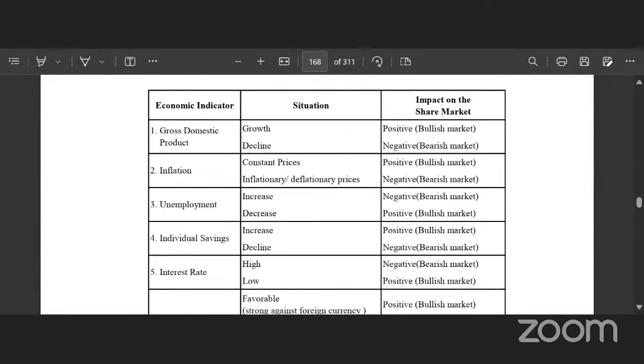Suppose you see the gross domestic product: if it shows good growth, then it is a positive, bullish market. If it declines, then it is a negative market. If prices are constant, it is positive. Inflationary or deflationary prices are negative. Both inflation and deflation are bad for the economy.